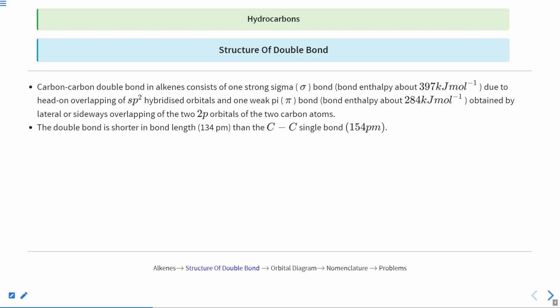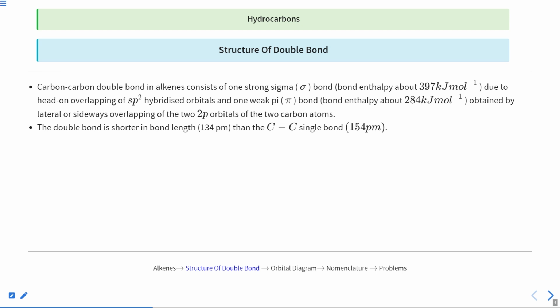Since we have sp2 hybridization, one of the p orbitals is left out, and that left out orbital has electrons in it. Now these two orbitals overlap with each other to form the pi bond. The double bond is shorter than the single bond: its length is 134 picometer, whereas the carbon-carbon single bond is 154 picometer.